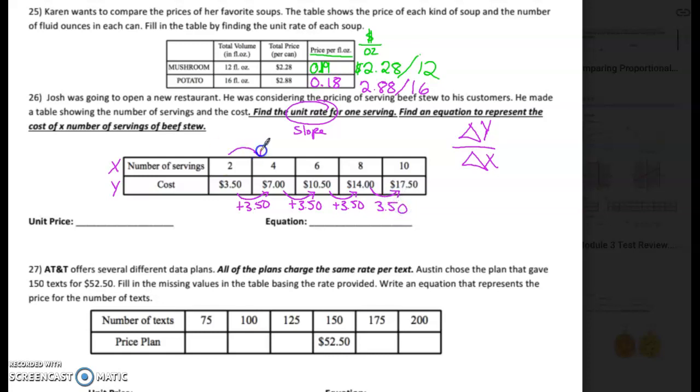Our change in x is plus 2, plus 2, plus 2, plus 2. And so that means our unit rate is $3.50 over 2. When we simplify that, we end up with $1.75 per serving.